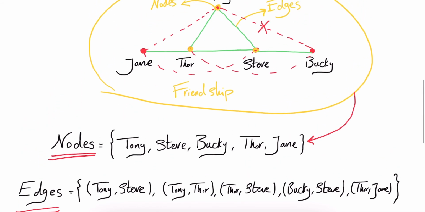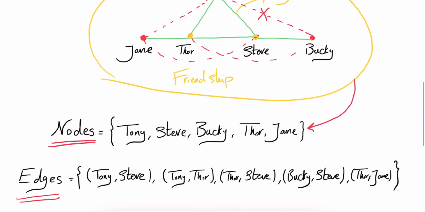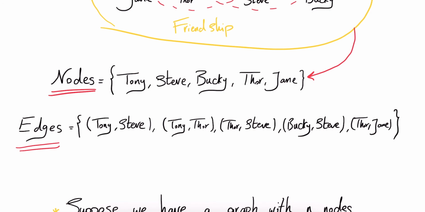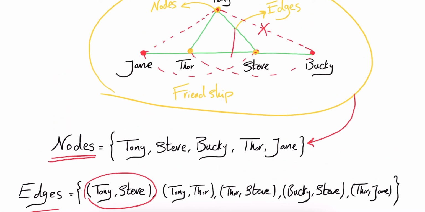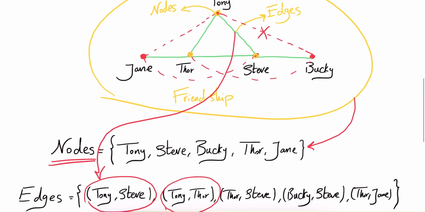In the graph you saw before, we can observe different edges that exist, but if we want to write them down, we can write them this way, as a pair of node names. For example, when we've written Tony and Steve here, it's because there is an edge between the node Tony and the node Steve. Or we've written Tony and Thor here because there is an edge between Tony and Thor.